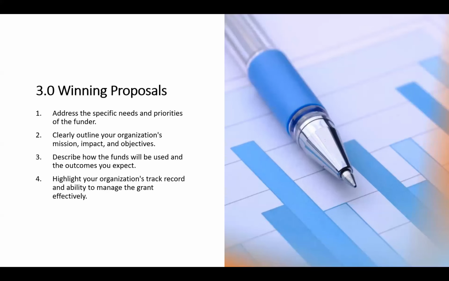For general non-profit organizations like NGOs, you must invest in writing winning proposals, which address the specific needs and priorities of the funder, clearly outline the organization's mission, impact, and objectives, and describe how the funds will be used and the outcomes you expect. Then you must highlight your organization's track record and ability to manage the grant effectively.